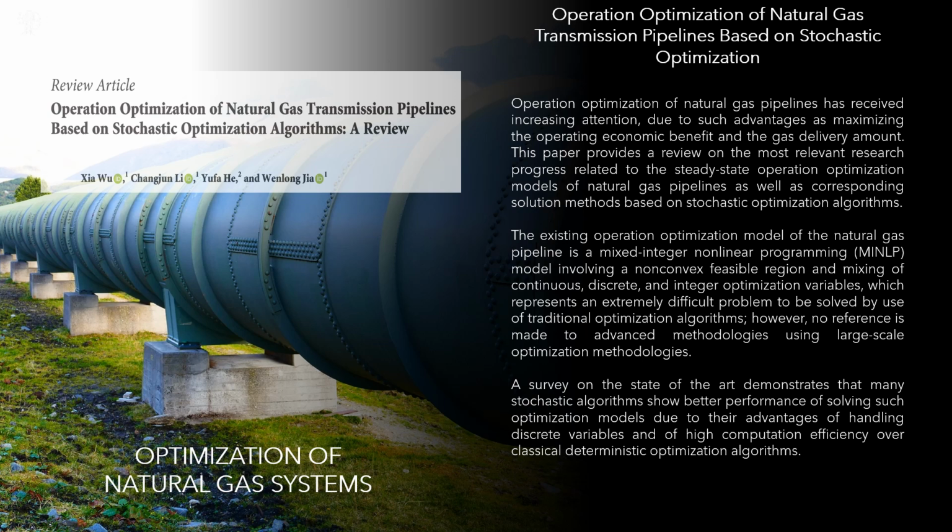The existing operation optimization models are mixed integer nonlinear programming, MINLP, models, involving a non-convex feasible region and mixing of continuous, discrete, and integer optimization variables, which represents an extremely difficult problem to be solved by use of traditional monolithic optimization algorithms. However, no reference is made to advanced methodologies using large-scale optimization methodologies.